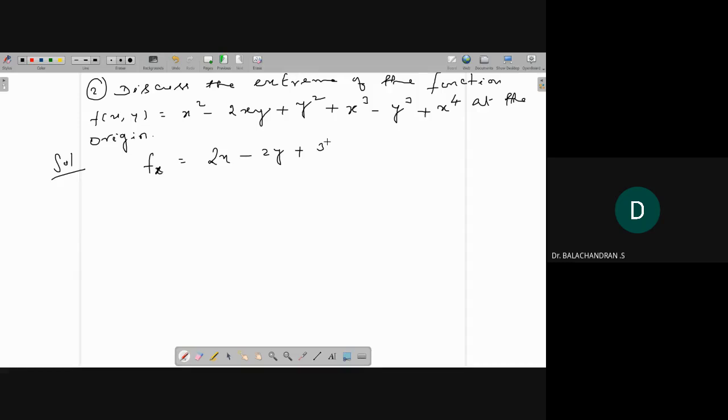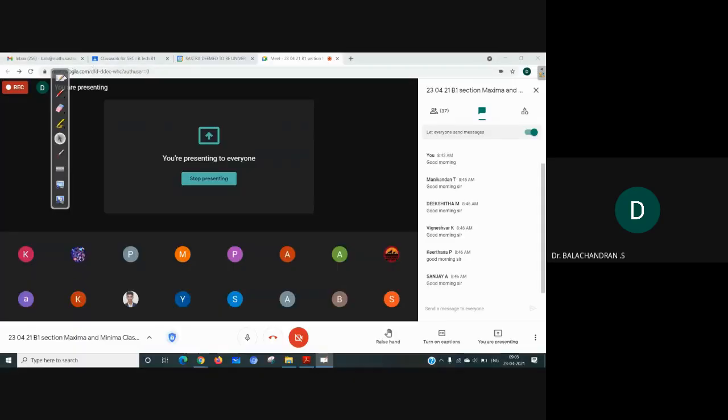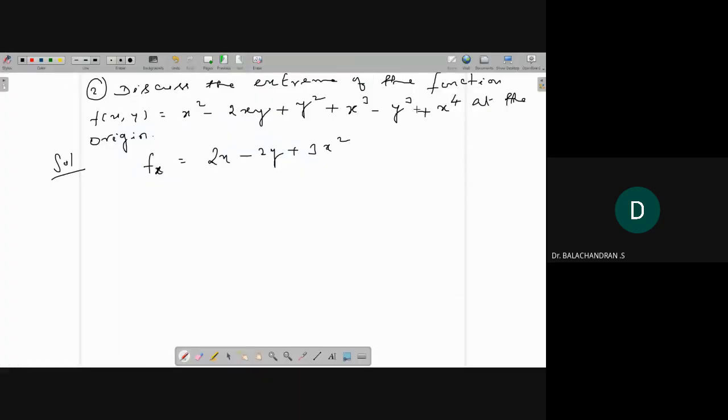Yeah, it is correct. So x² − 2xy + y² + x³ − y³ + x⁴. So fx = 2x − 2y + 3x² + 4x³.